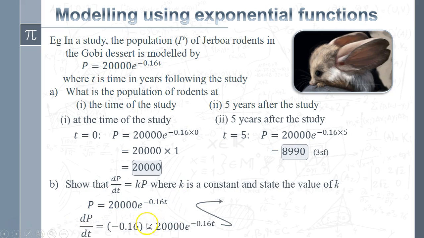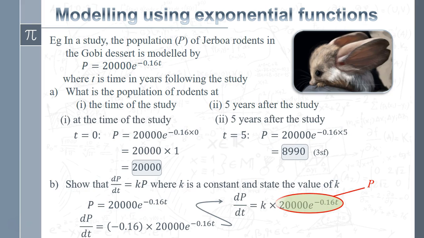What we've done here is put the power to the front, the minus 0.16. Notice the power is staying the same. For now, rather than actually doing the 20,000 times minus 0.16, I've kept them separate. That figure, 20,000 times minus 0.16, would be 3,200. But as you'll see in a second, it suits my purpose now just to keep them unevaluated.